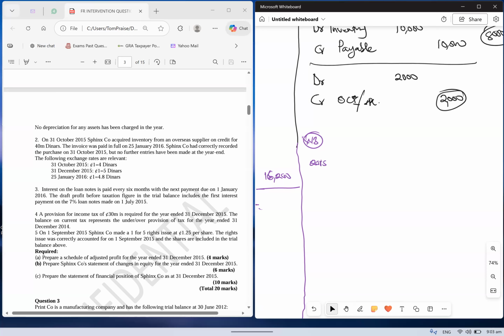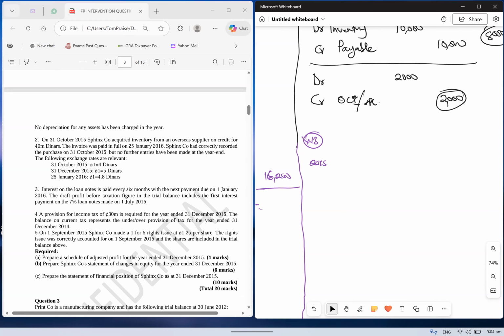This one, it says the interest is a financial liability. Interest on the loan is paid every 6 months. The draft profits before tax in the trial balance include the first interest payment, made in July. So it means there is a half we have not done.